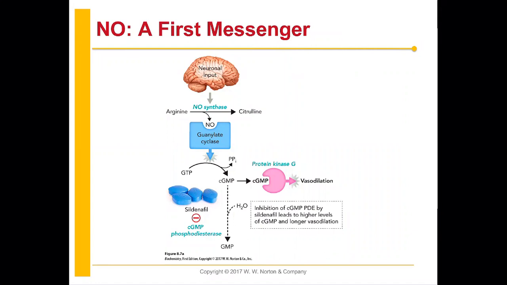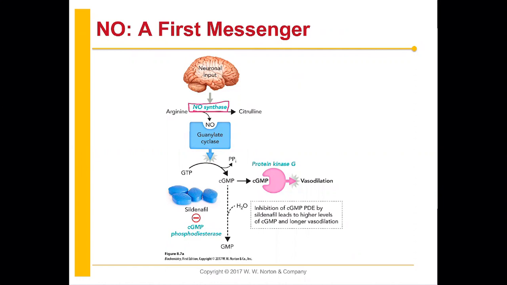And so nitric oxide is generated in cells by this enzyme called nitric oxide synthase. Hey, they named it correctly. Woohoo, right? Nitric oxide synthase. And it happens as nitric oxide synthase converts arginine.